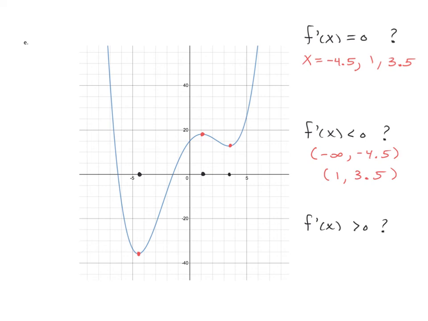All right, where's it positive? That's where your function is increasing. So this part and this part. So that's going to be from negative 4.5 to 1, and then from 3.5 to infinity. So my notes to myself are, it's 0 here, here, and here approximately. It is negative, then positive, then negative, then positive.